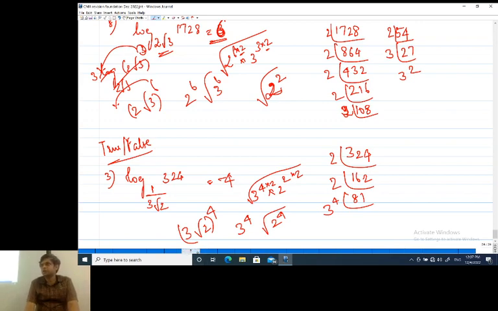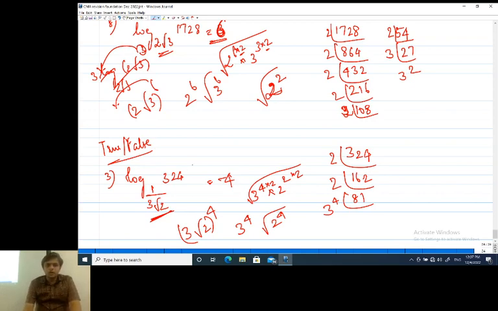So far you are clear? But here what are they asking? They are asking for 1 by 3 root 2. When 1 by 3 root 2 comes as a fraction, what did we see? The power goes negative. Rule of index: 1 by a is a power minus 1.